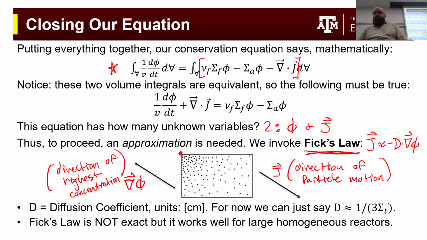Right now, we're just going to approximate that diffusion coefficient as being 1 over 3 times the total cross section. This is a result that comes from neutron transport theory. We don't have to know neutron transport theory to do nuclear engineering 304, but in diffusion studies, we borrow from transport theory in some places to make the math more physically realistic.